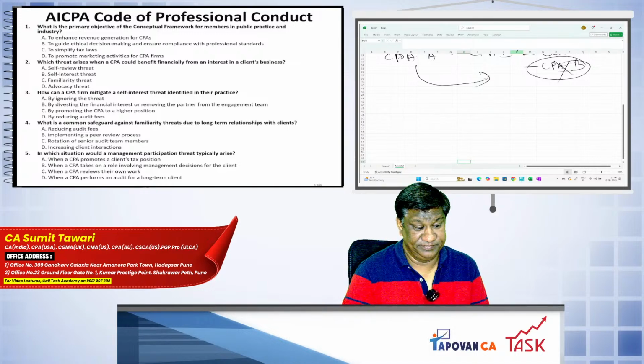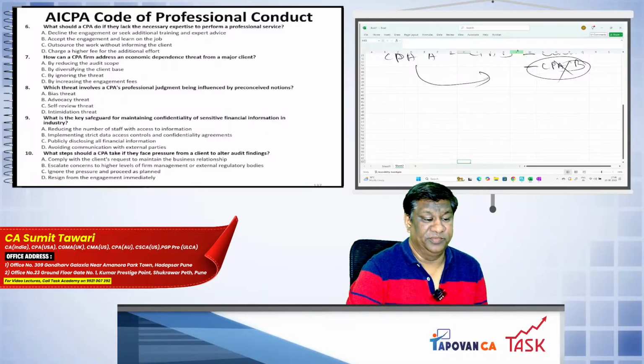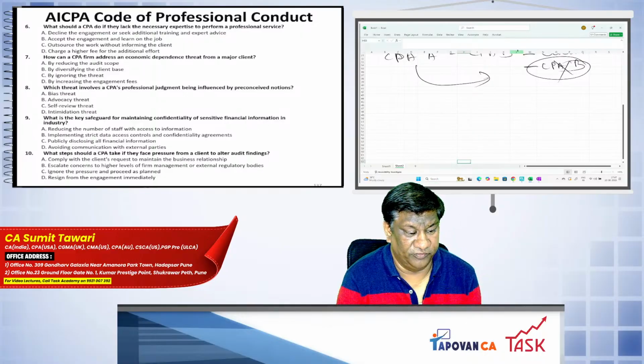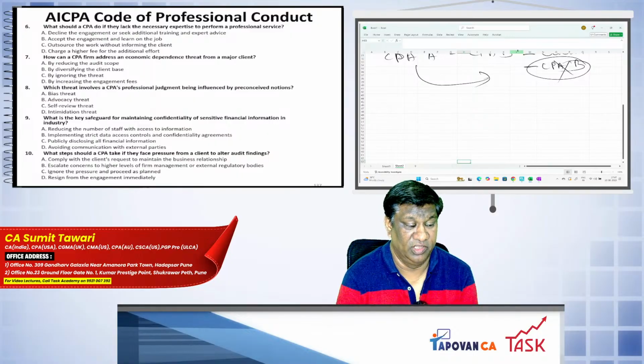Question number 5. Option B, correct. Question number 6, very simple, option A, correct. So whenever you are giving an answer to an audit question, just evaluate, if you are a CPA, what would be your role or what would be your action.